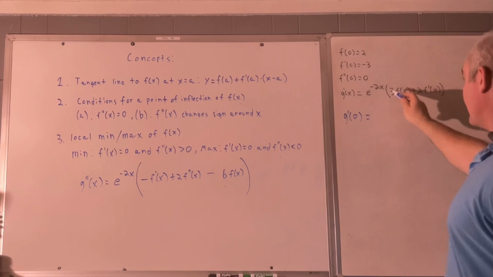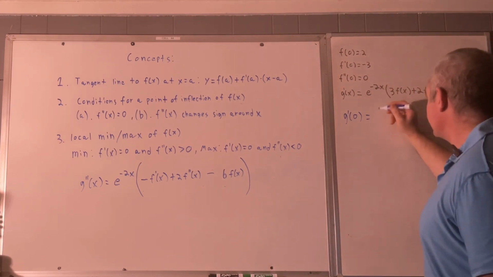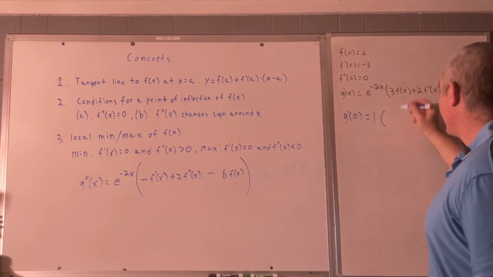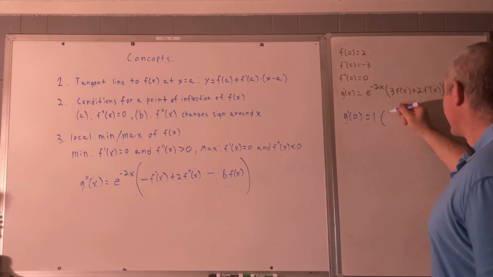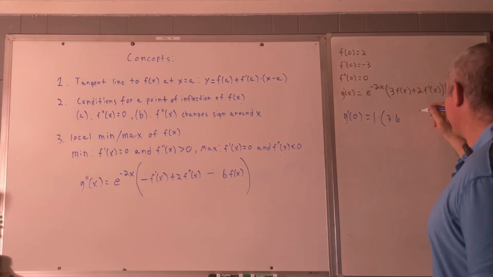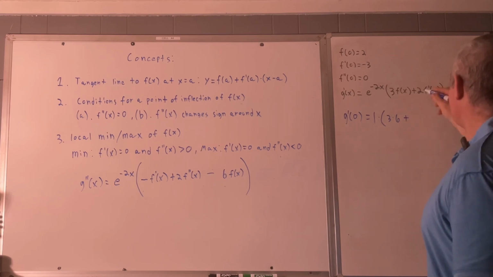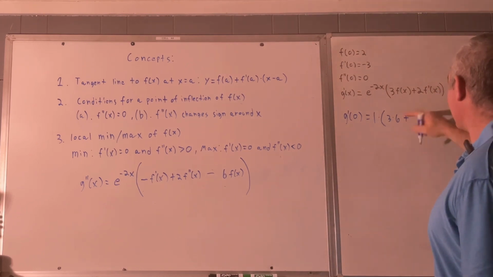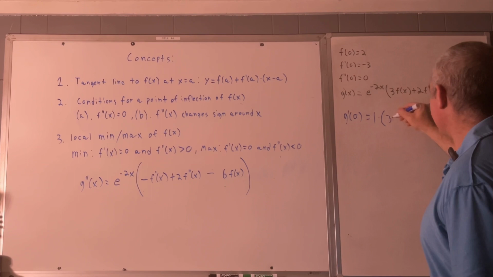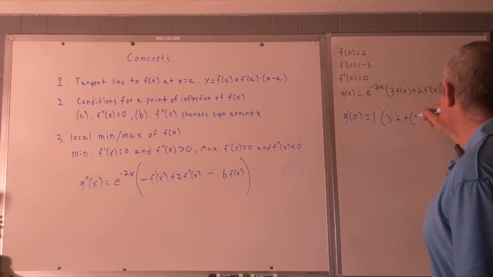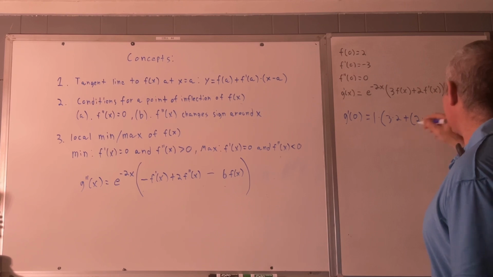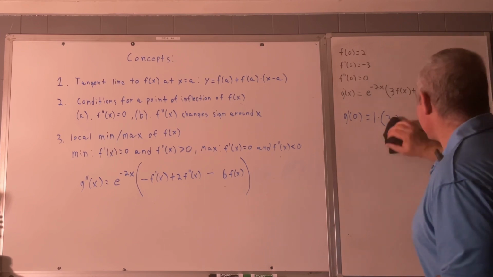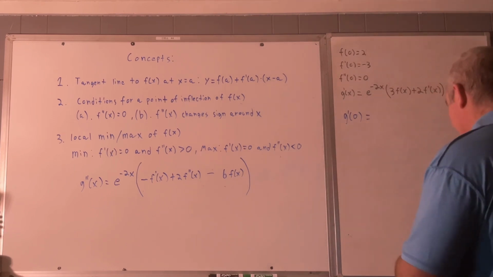It is equal to e to the 0, which is 1, times 3 times f of 0, which is 3 times 2, plus 2 times f prime at 0, which is negative 3. So this is 3 times 2, plus 2 times negative 3. In other words, 6 minus 6 times 1 is 0. Yes, g prime of 0 is 0. So that condition is met.